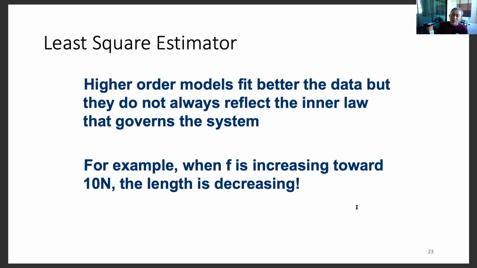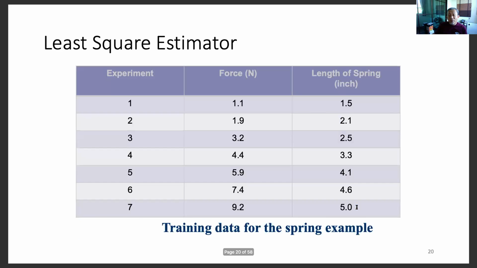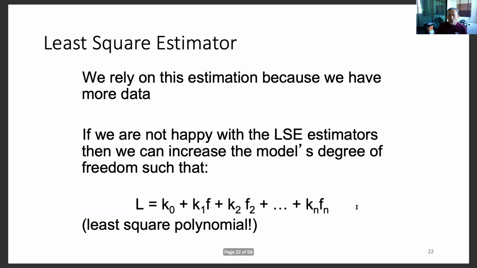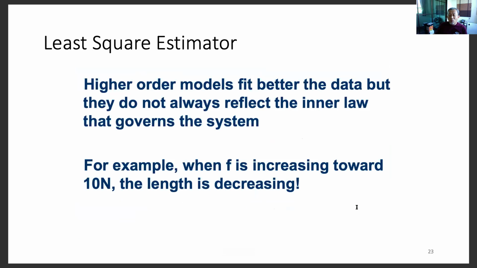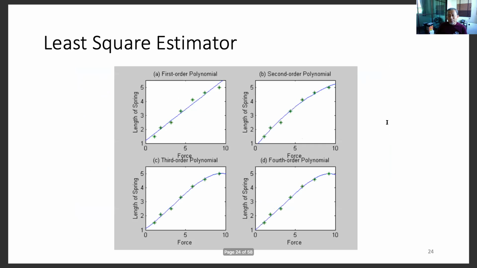For example, if we increase the force from 9.2, the maximum one, to 10, the length will be decreased because the physical spring itself has a limit. So it will not give the correct data as what we want.